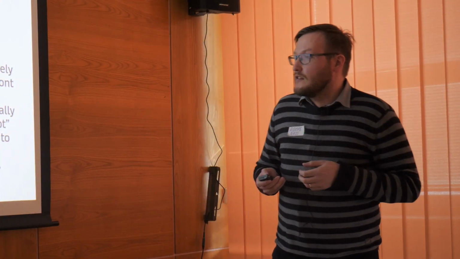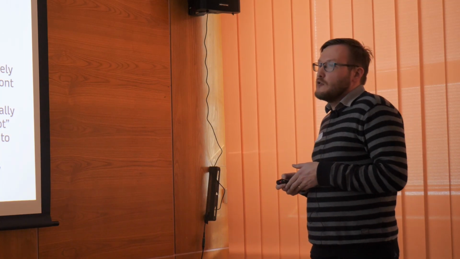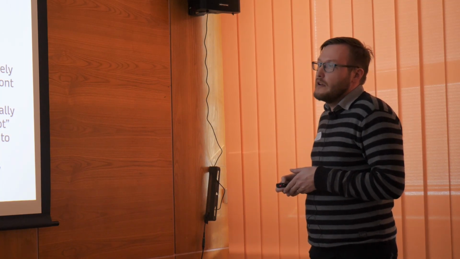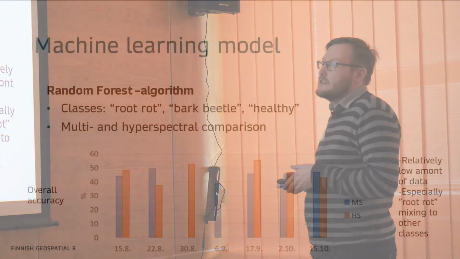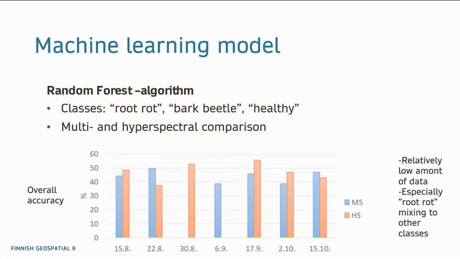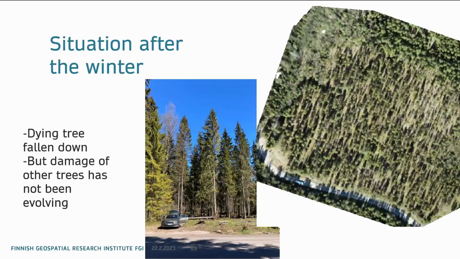We got results that hyperspectral was mostly outperforming the multispectral, but in some cases it was actually opposite. Here it was opposite, but we need to remember that there was quite a low amount of data, and especially this root rot class was mixing with other classes if we look at the confusion matrix.